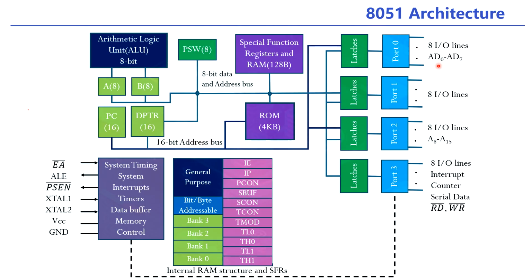That means it also acts as a time division multiplexed address and data bus, lower order address and data bus, AD0 to AD7. AD0 to AD7 is used in extended mode of operation. In standby mode, it is directly utilized as general purpose IO.